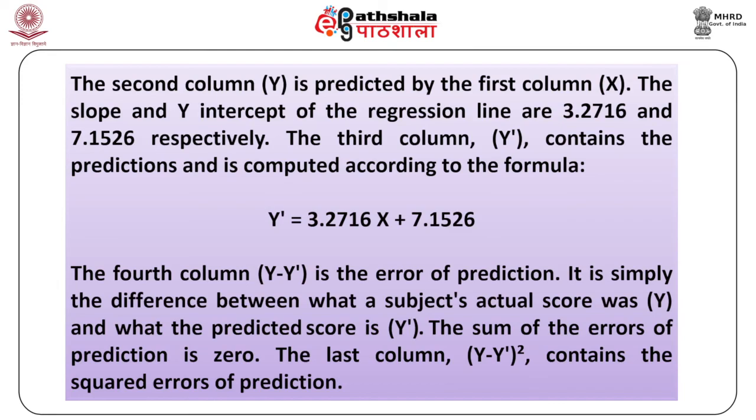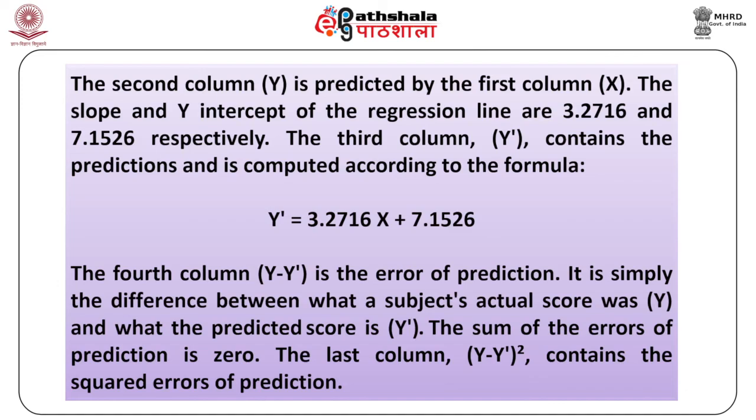The third column, y dash, contains the predictions and is computed according to the formula y dash equals 3.2716 multiplied by x plus 7.1526. The fourth column, that is y minus y dash, is the error of prediction.